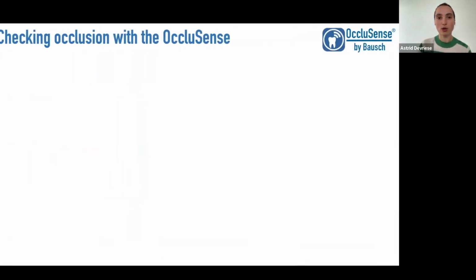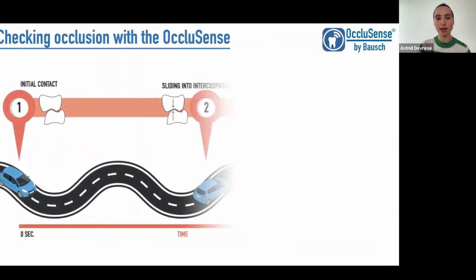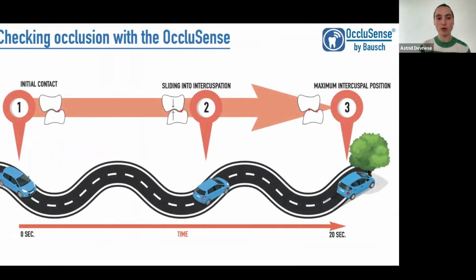So the OccluSense is a device which allows you to really understand the occlusion from the beginning until the end. So we have the initial contact. We also can show the sliding into the intercuspidation and of course the maximum intercuspidal position. So how does it work?